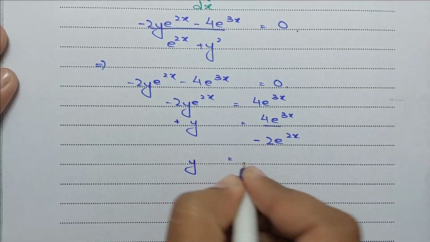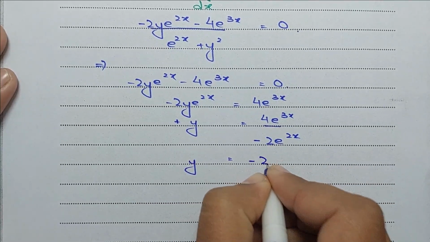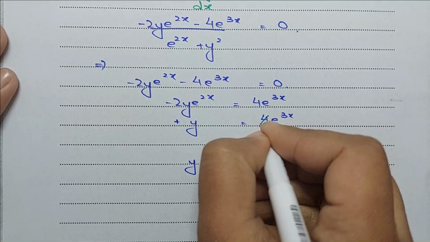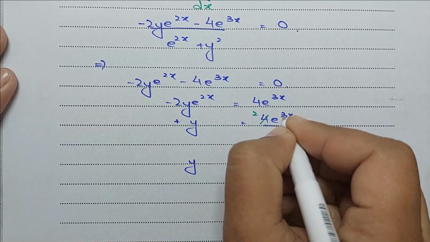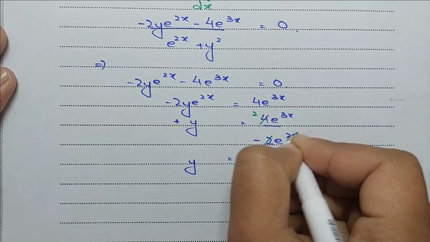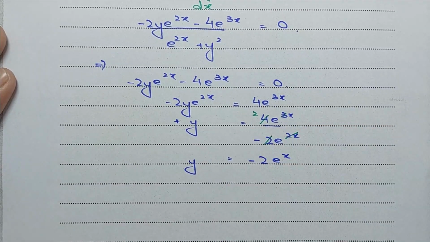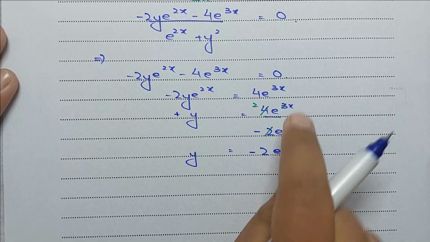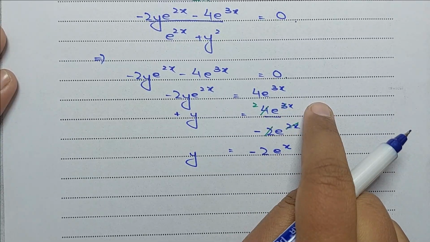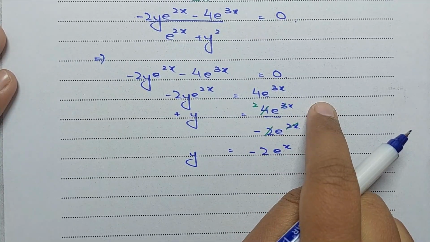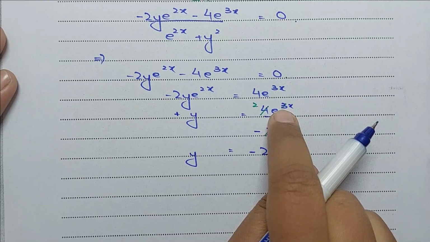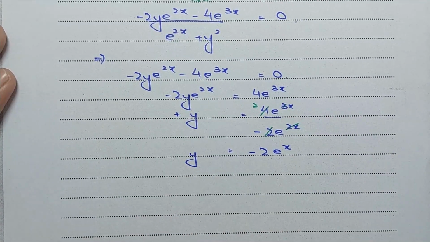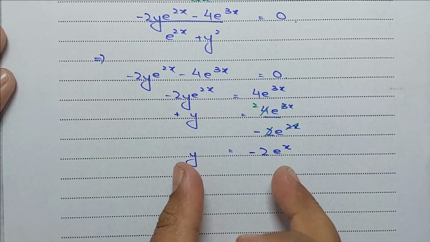So y would be equal to 2 times 2 is 4, e to the power 3x over e to the power 2x. So e to the power x is left, that is, 3x minus 2x becomes x, right? Now this is your y. These are the y coordinates of the stationary point.